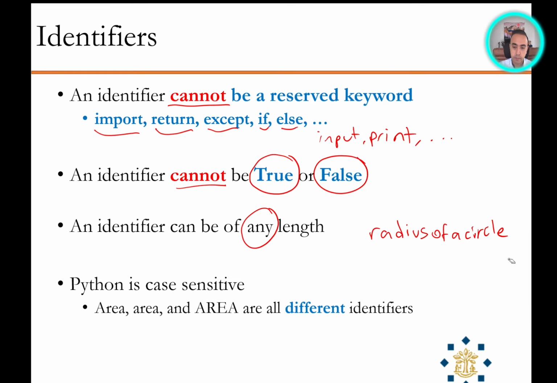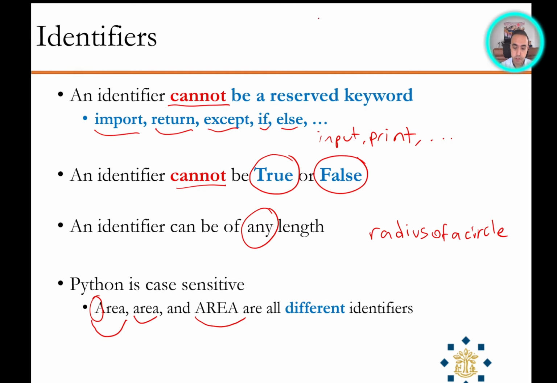Okay. And Python is case sensitive, so area with capital A, area all lowercase letters, and area all capital are all different identifiers.